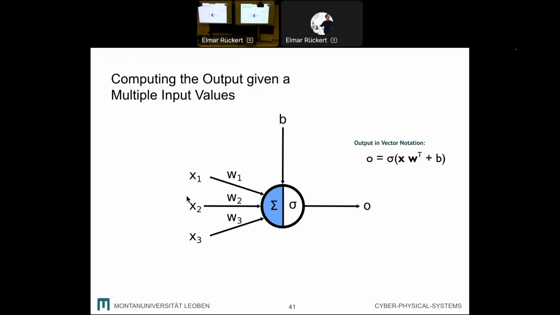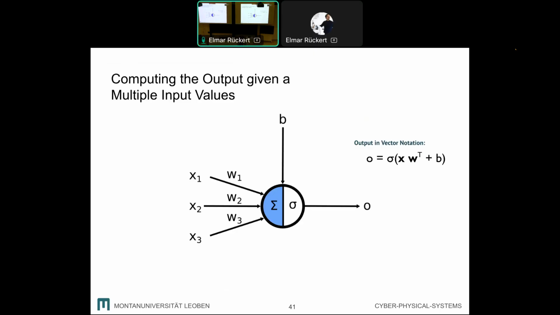Because in the end, what you do is, so this is not the nice way of using blackboards, but I think it's okay for today. The output is given by x1 times w1 plus x2 times w2 plus x3 times w3 plus b if the activation function is the identity function.